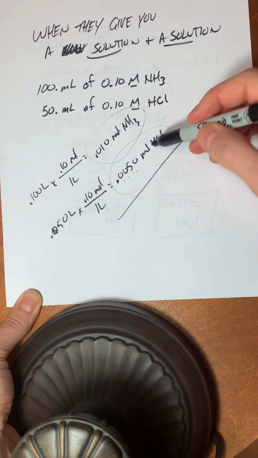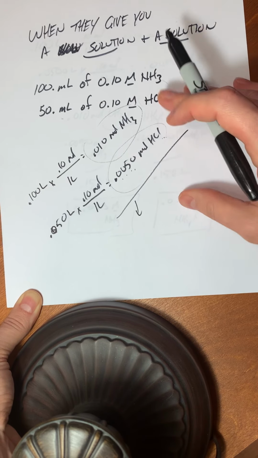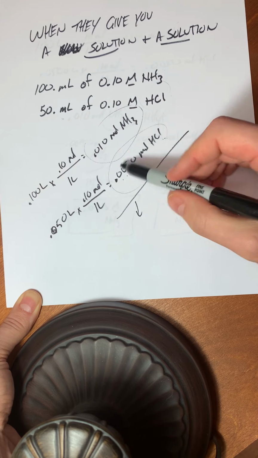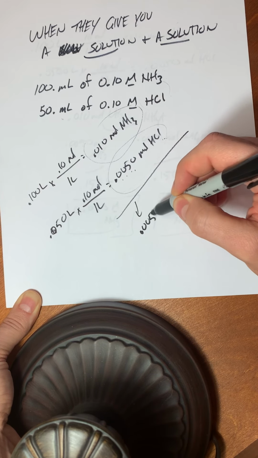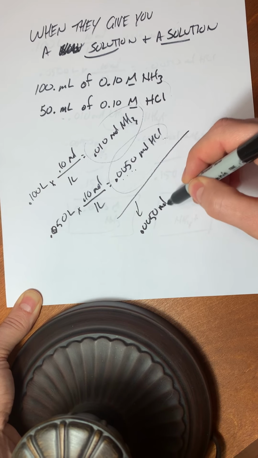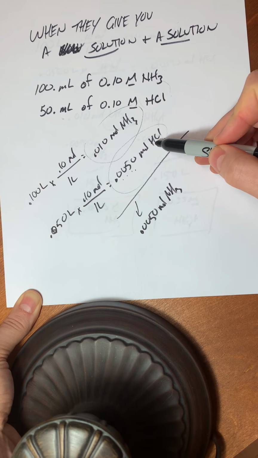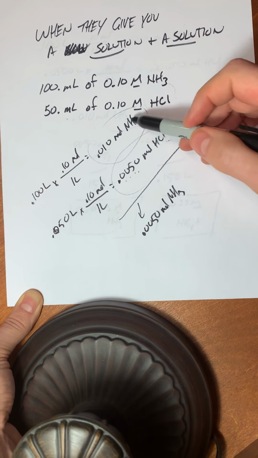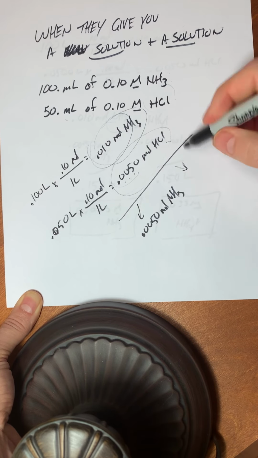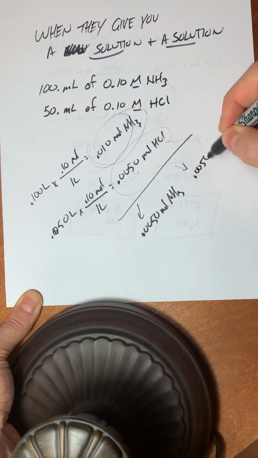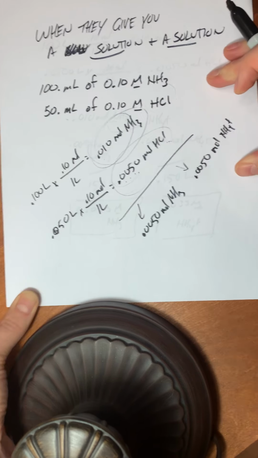So when we do that, how much ammonia do we have left over? Well, I had 0.01 moles of it. I converted 0.005, so I'm left with 0.005 moles of ammonia. I added these H pluses to the original ammonia. How much did I convert over? In this case, 0.0050 moles of it to make my ammonium.